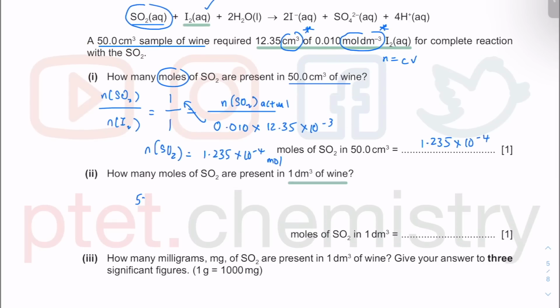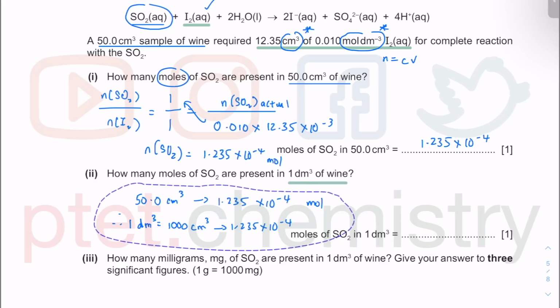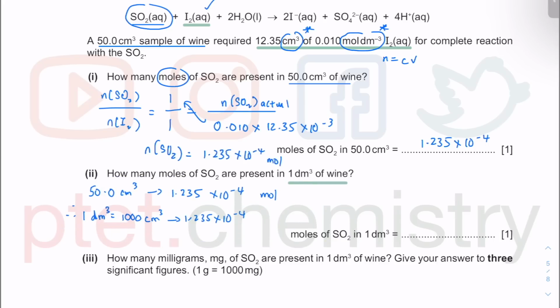So how many moles of SO2 are present in 1 dm³ of the wine? So if we have 50.0 cm³ of the wine and it has this much SO2 dissolved in it, therefore if we have 1 dm³, which is 1000 cm³, I cannot compare 1 dm³ straight away because the units are not the same. Now that the units are the same, I can do my direct proportion, because if you do the direct proportion correctly, the unit volume will cancel out.